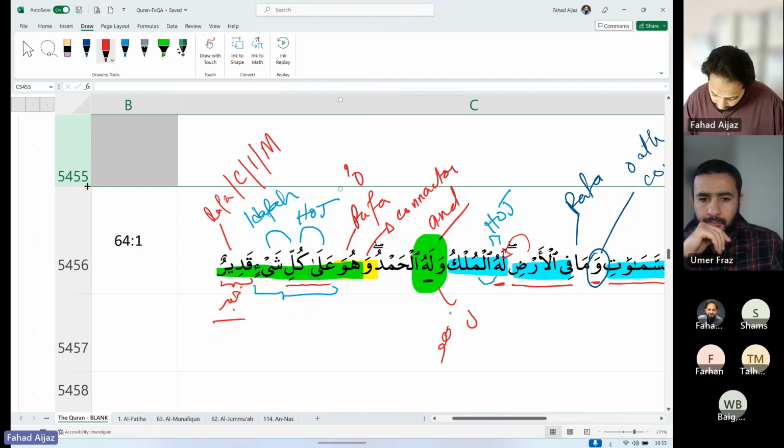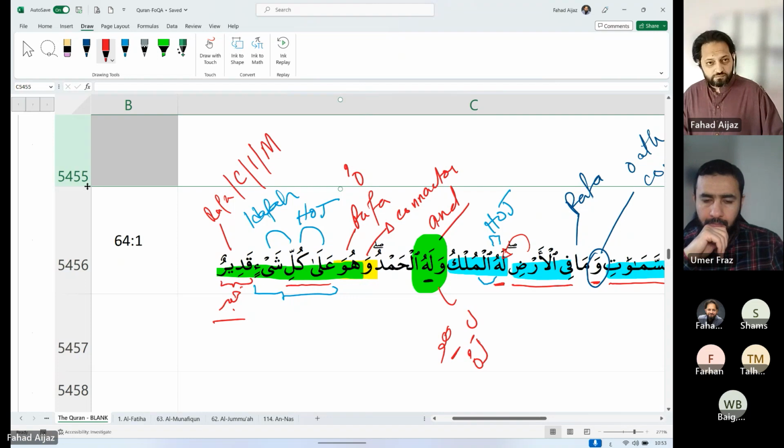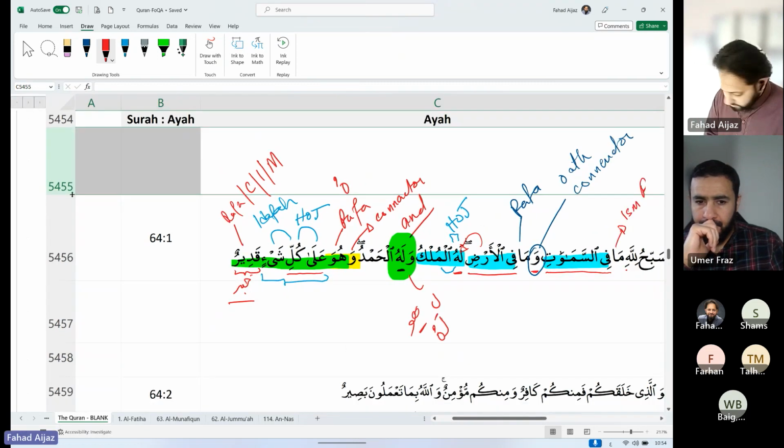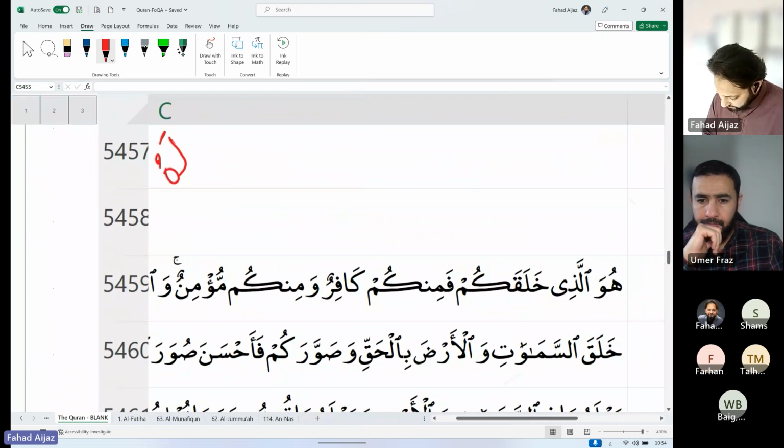When lam comes on top of a pronoun, this pronoun needs to turn into a jar status, which is hu, and then you attach that waw with it. Then it becomes lahu. We also said that when this lam comes on a pronoun, it takes the fatha. You understand, Umar? Pretty good. Let's see what else we have.